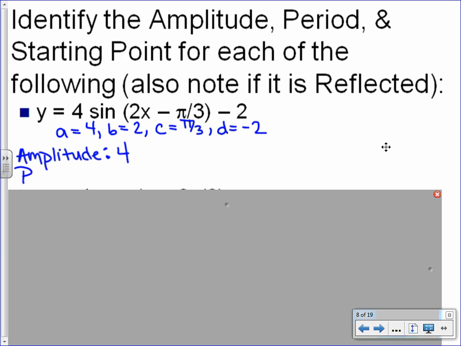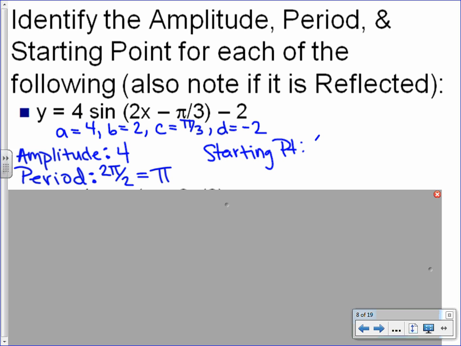Our period. How do we find it? 2 pi divided by b. So our period is pi. 2 pi divided by 2, which makes it pi. Our starting point. We have to take c divided by b, comma, d.